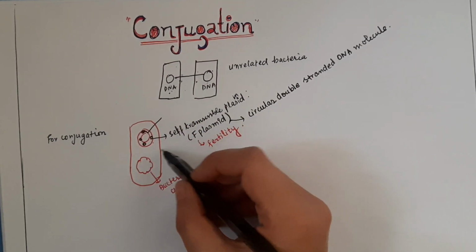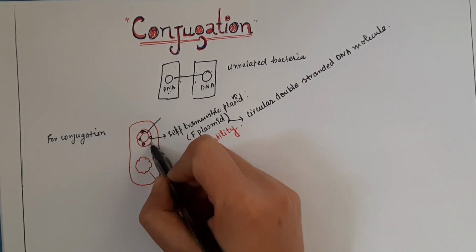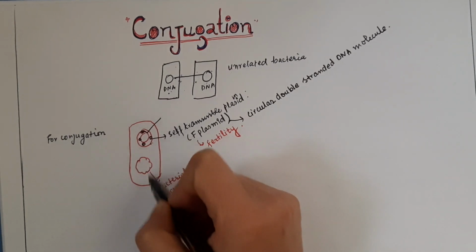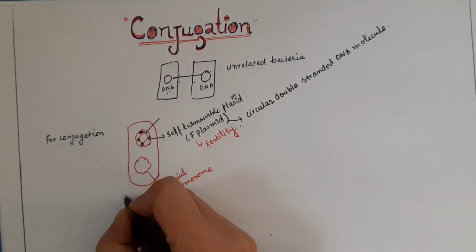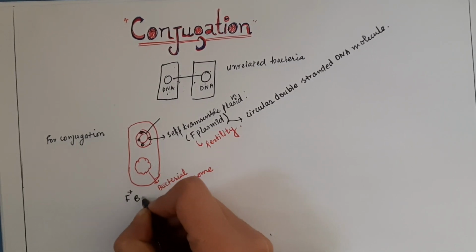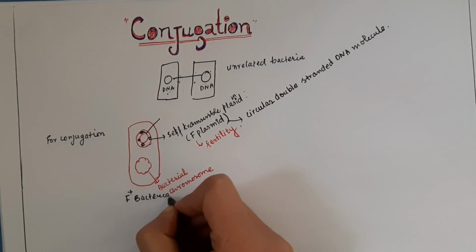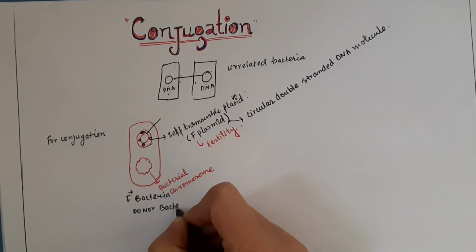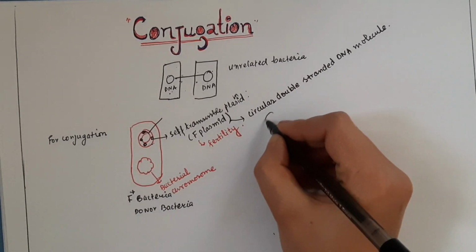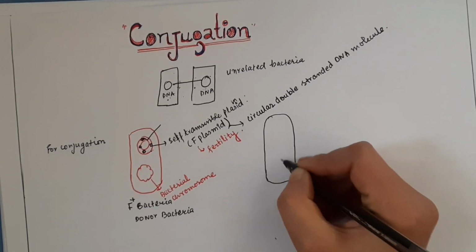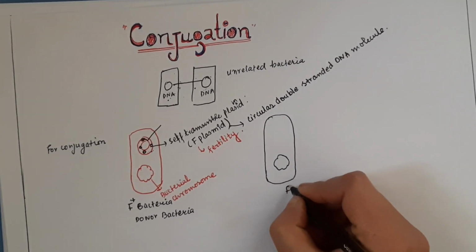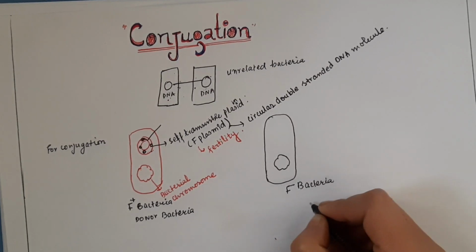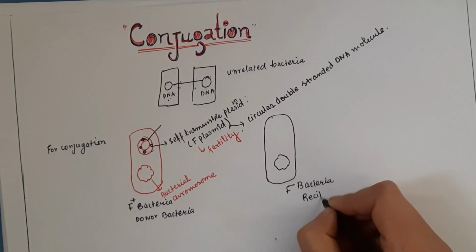The F plasmid encodes the enzymes and proteins necessary to carry out the process of conjugation. Bacteria that possess this plasmid are called F positive bacteria, meaning plasmid positive, and are donor bacteria. Bacteria that do not possess this plasmid are called F negative bacteria, also called recipient bacteria.